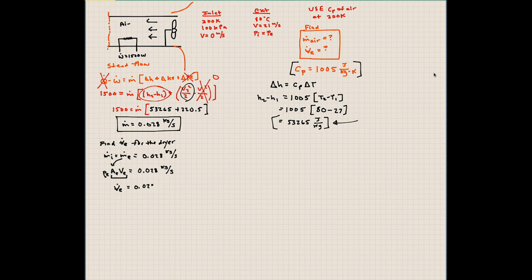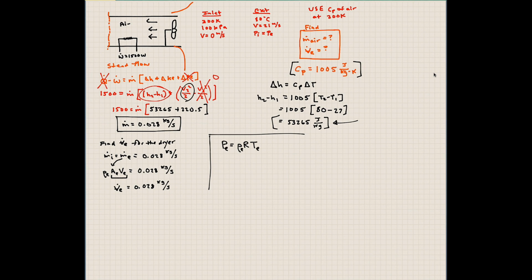So let's go ahead and find density. Is there any other property or equation that we can use to find density? Well, we can find density using the ideal gas relationship, P is equal to rho RT. And these are, of course, all at the exit.